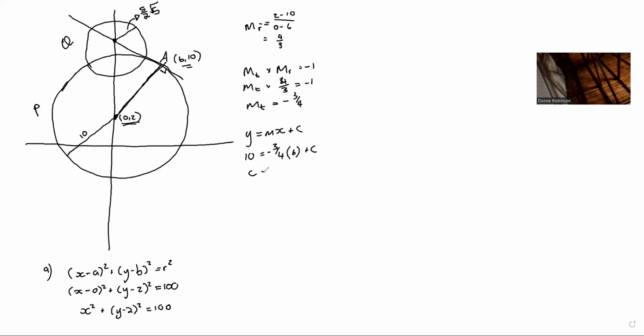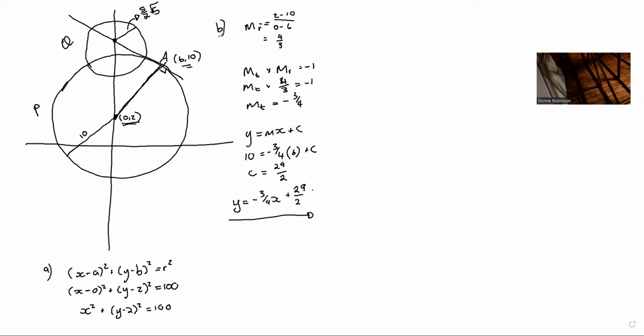I then get c is 29 over 2. Weird, but yes, that's what it is. So y is equal to -3 over 4 x plus 29 over 2. And there we go. That would be the equation of your tangent at P.